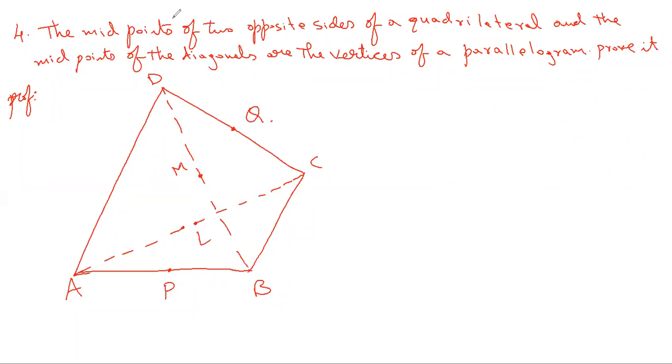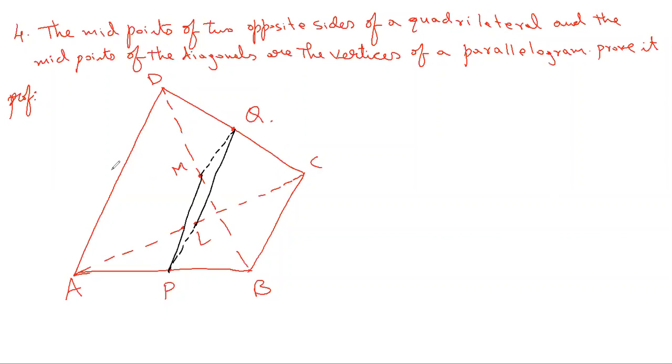I'll just use a different color. You may get a thin parallelogram. That's why we are not getting a proper diagram. It doesn't look like a parallelogram because we are not drawing to scale. But what they're asking us to prove is that PLQM is a parallelogram. So we'll try to prove that.